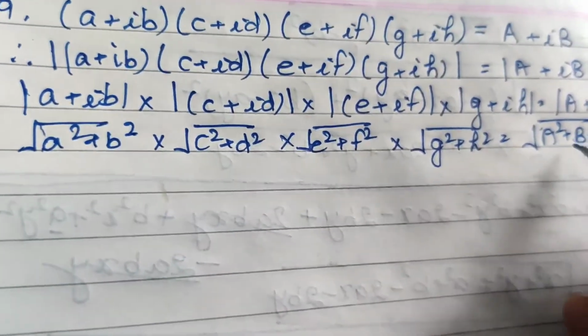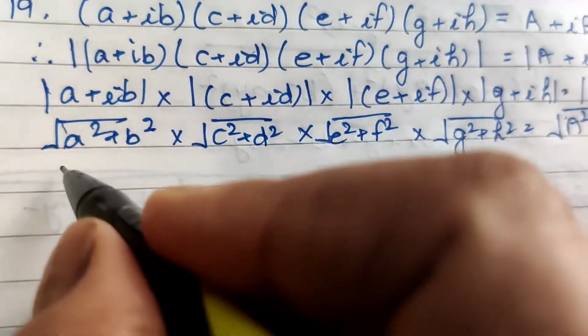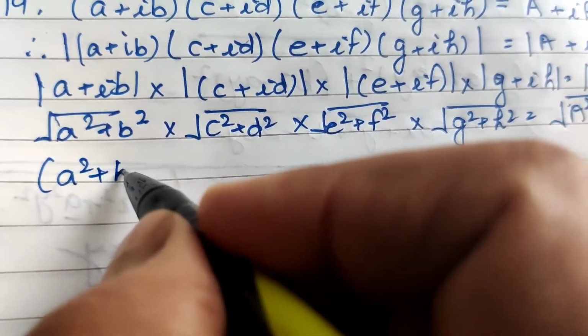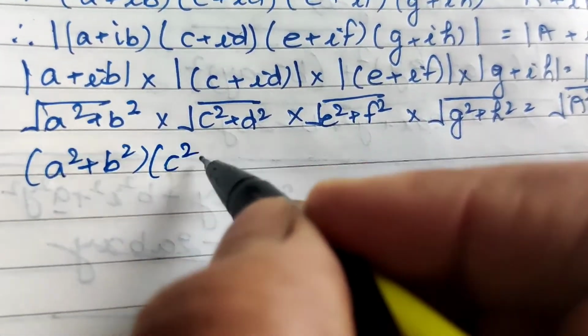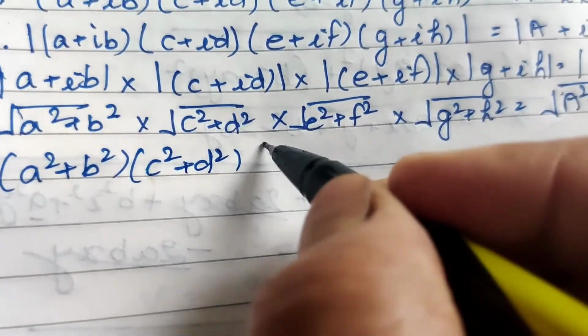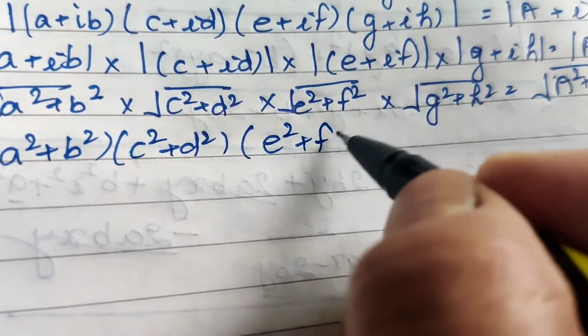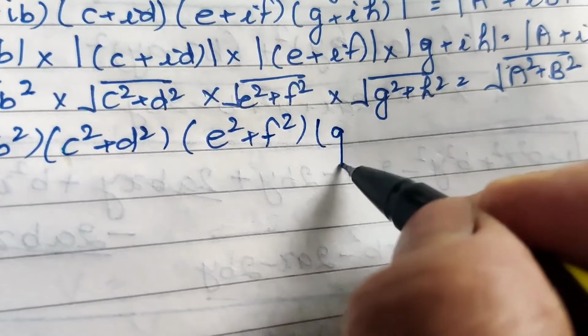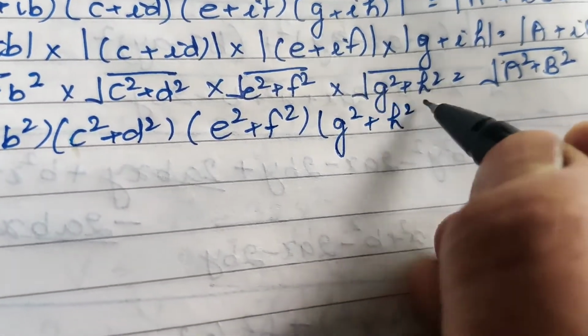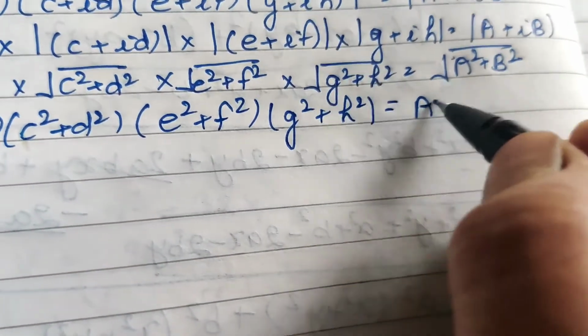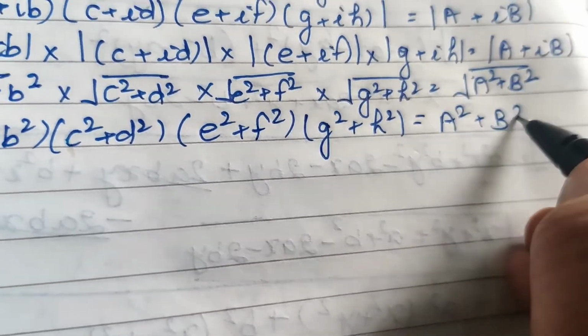On squaring both sides, we get this. Hence proved. Equal to A square plus B square.